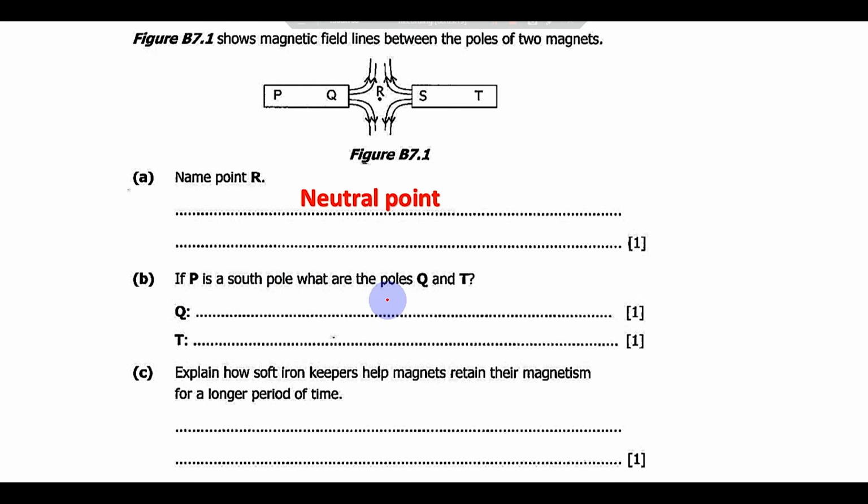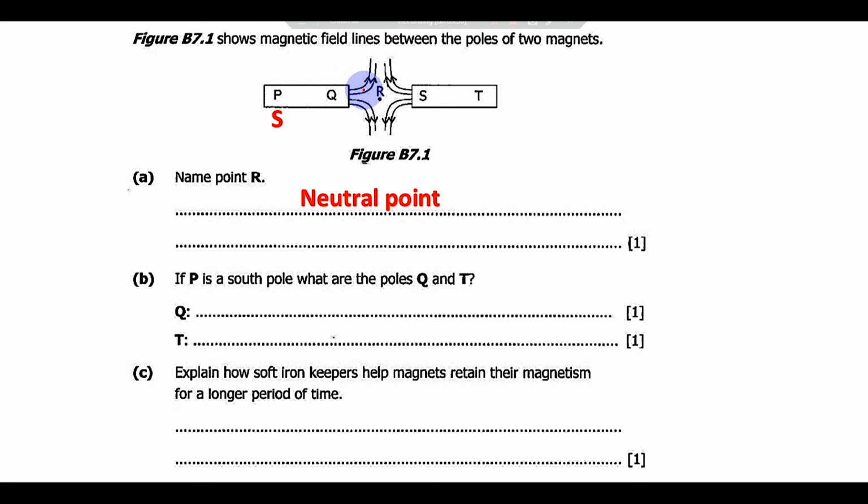Question B. If P is a south pole, what are the poles Q and T? So P is a south pole. Now, you need to understand what is happening here in terms of the magnetic field lines.